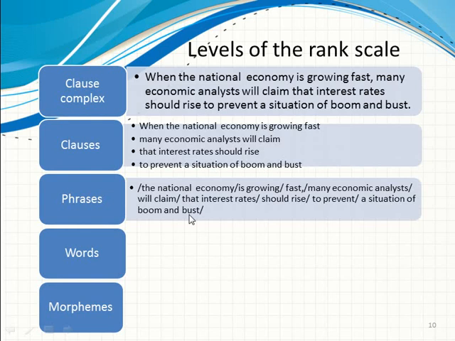And then we divide them into phrases or groups. The national economy is growing fast. Have a look here: fast is one word, but it is also a phrase. Maybe this is the only phrase with one word. So why does one word become a phrase?